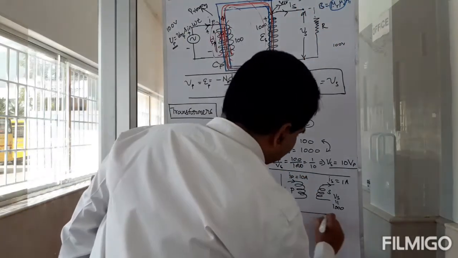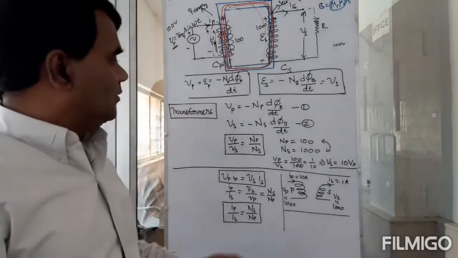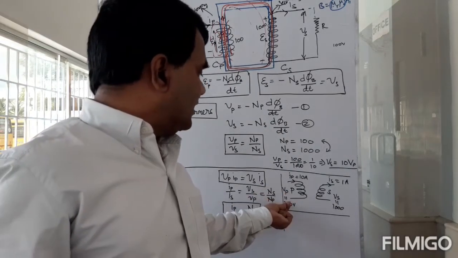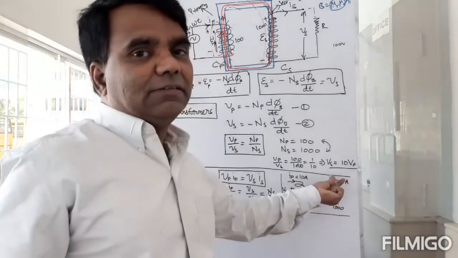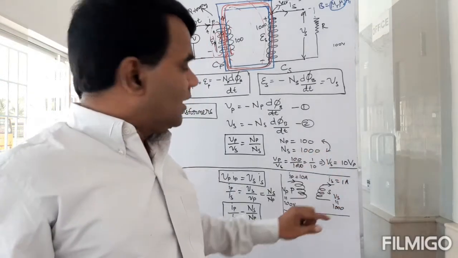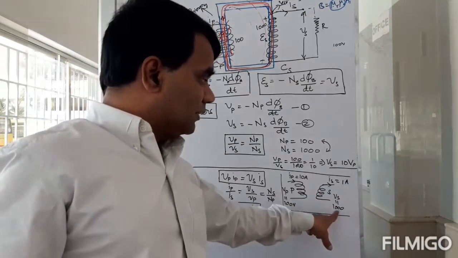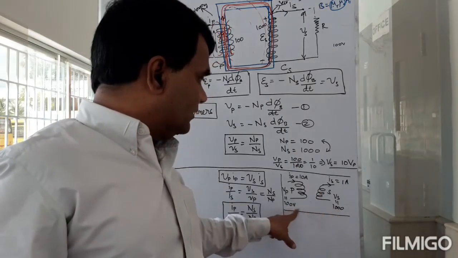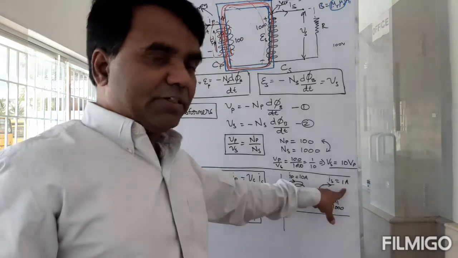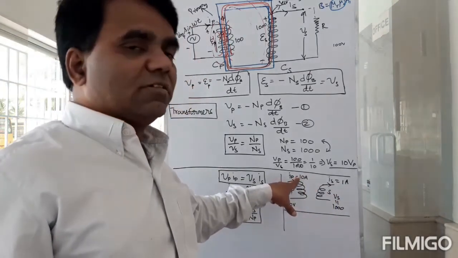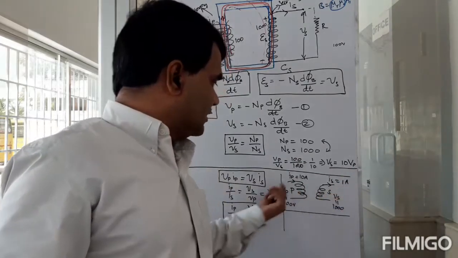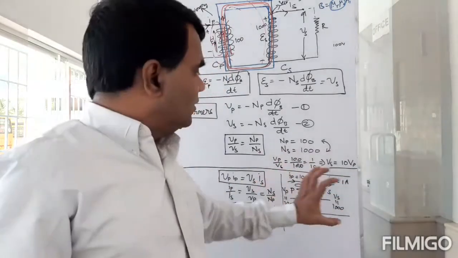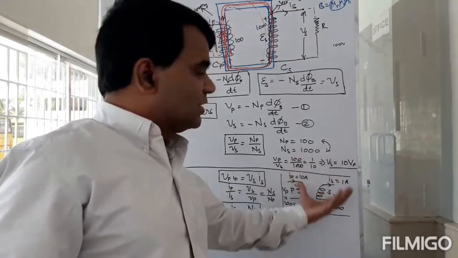You can see that if you gain on the voltage, you lose on the current. If it's the other way around, if it is 1000 and becomes 100, then you have 1 ampere, and that will become 10 amps here. If you take this as a primary and this as a secondary, then that relationship will exist.